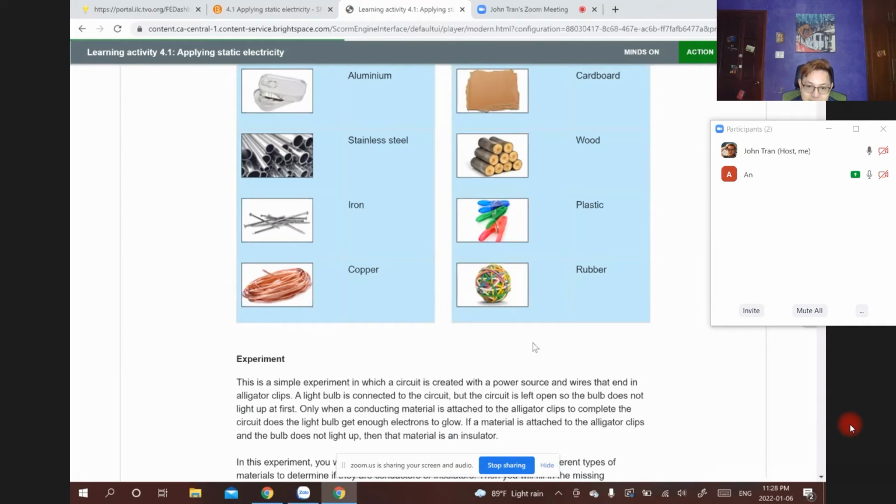Only when a conductor material is attached to the alligator clips to complete the circuit does the light bulb get enough electrons to glow. So you can see which material is actually insulating and which material is not.